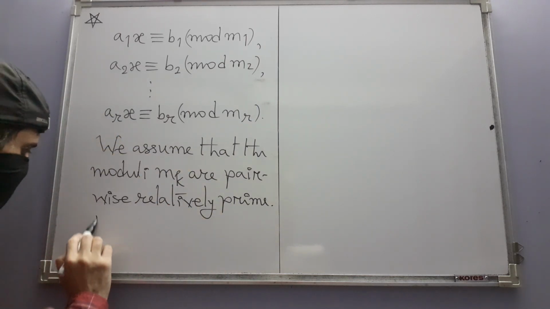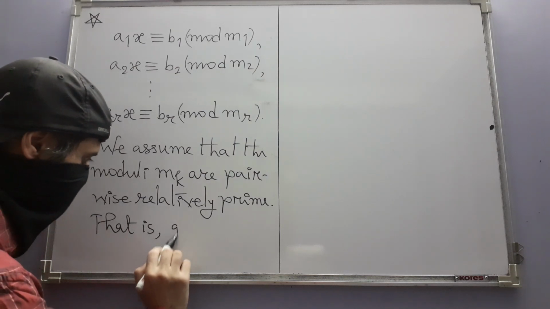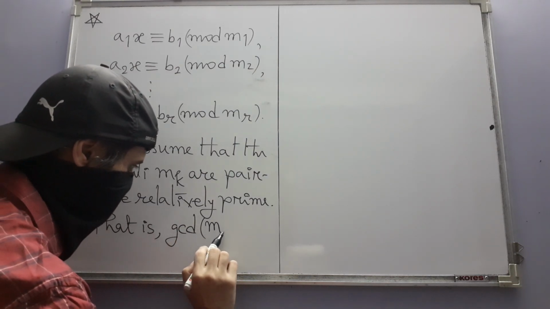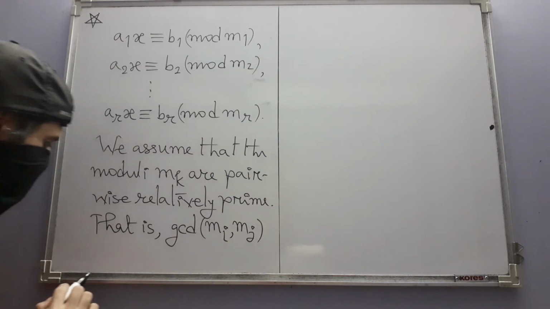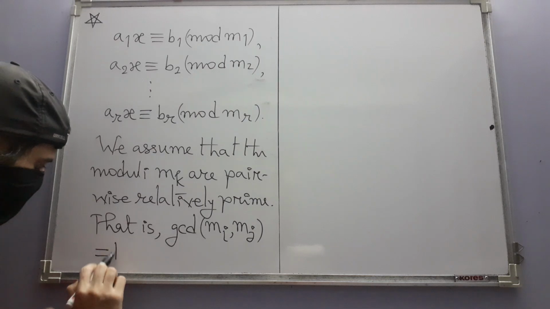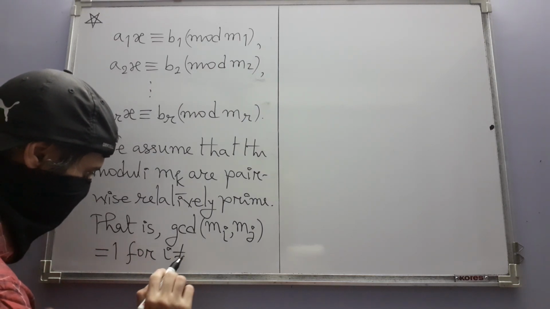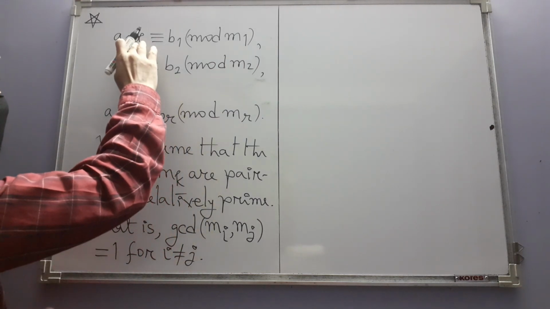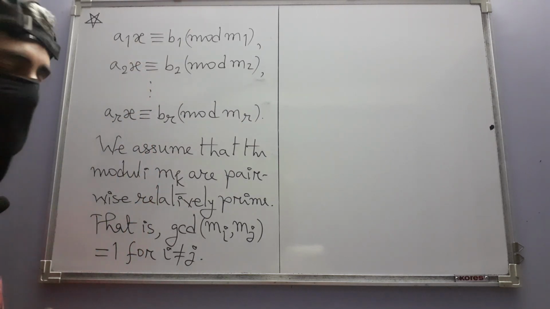What that means is simply this: the greatest common divisor of mi and mj is equal to 1 for distinct i and j. And i and j of course lie in this range. They both lie between 1 and r inclusive.